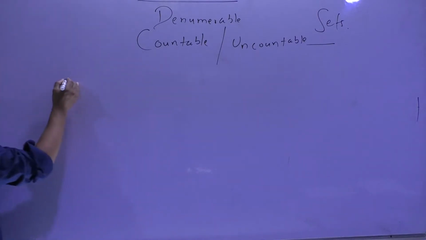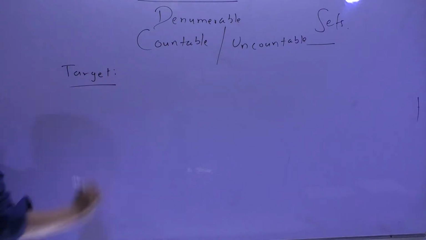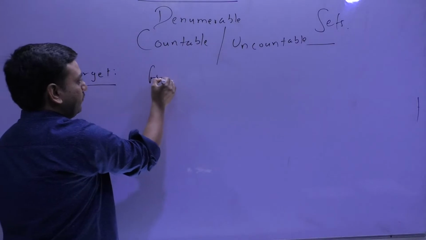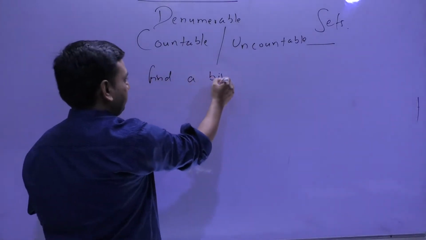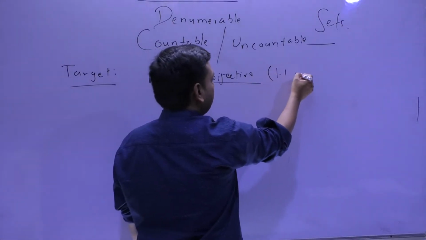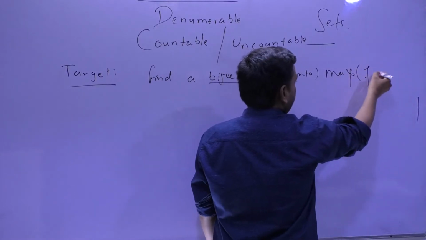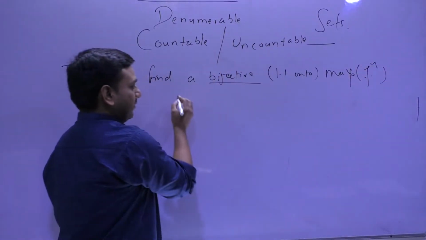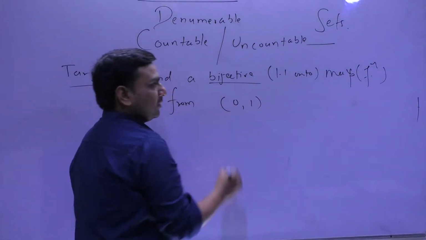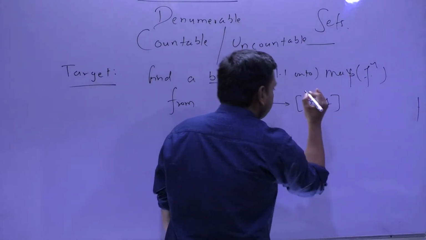In the starting only, today I am giving you a target, and the target is: find a bijective map, bijective means 1-1 onto, map means function, from the open interval (0, 1) to the closed interval [0, 1].